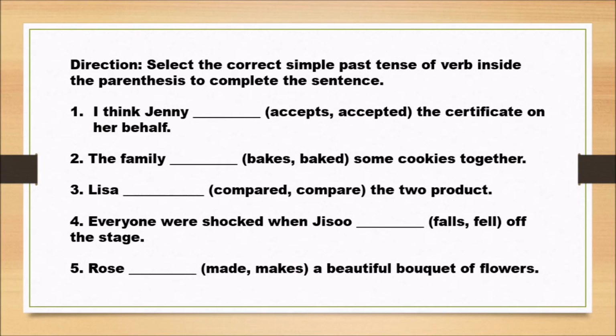I have here sentences which you have to complete by selecting the correct simple past tense of the verb inside the parentheses to complete the sentence. Now let's take a look if your answers are correct.